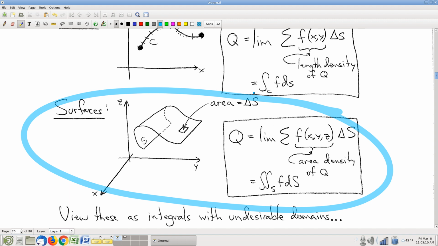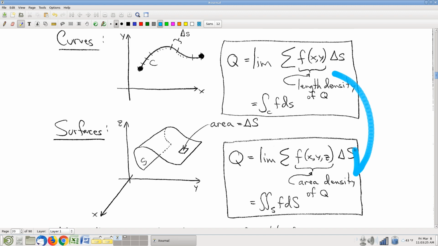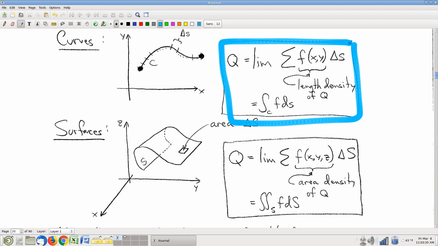For whatever reason, the book doesn't do it this way. The book wants to start with surfaces. Sure, whatever. It doesn't matter in some sense. I just want to point out that this does seem a little bit weird. I like to use curves as a segue, a stepping stone to understanding the surfaces. So I'm actually going to do some of this development of line integrals first.